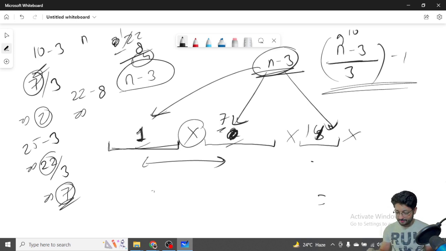Now what you can understand is that this difference is 6 and this difference is 7, which is fine because this is the minimum that I can get, which is (n - 3) divided by 3, minus 1. If I somehow make this a little larger, let's say if I place 1 here and 8 here, then this will become 13.